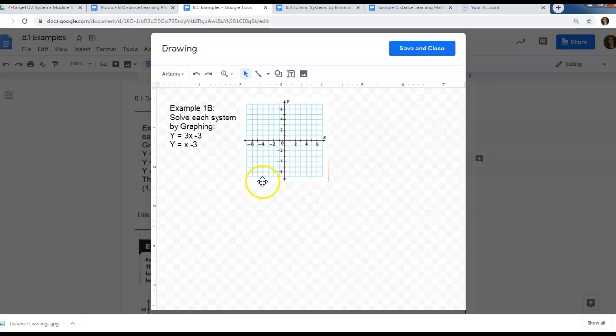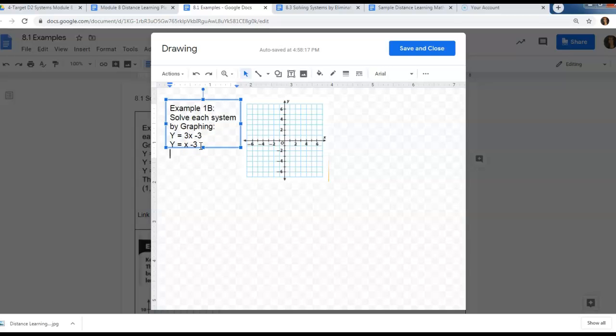Okay, so we have to graph. This system is y equals 3x minus 3, and then y equals x minus 3. So this equation is already set up in slope-intercept form.